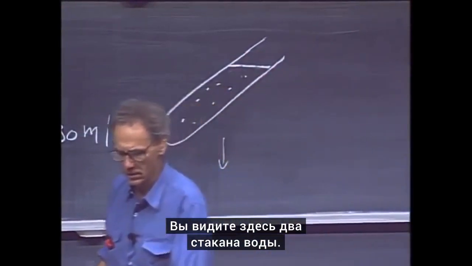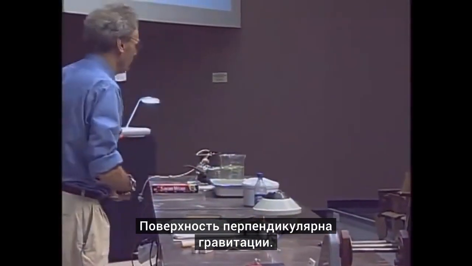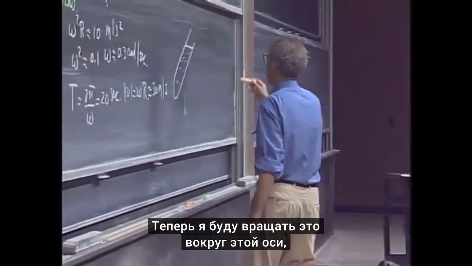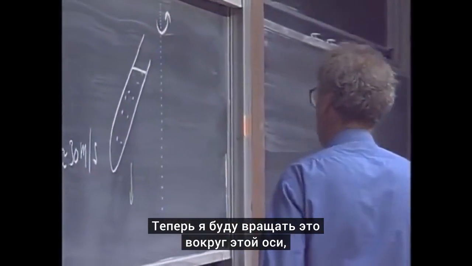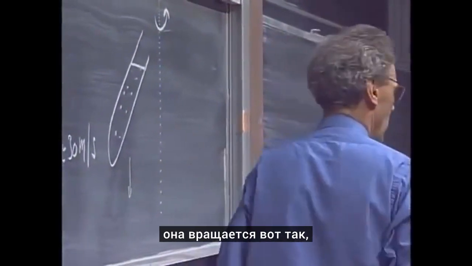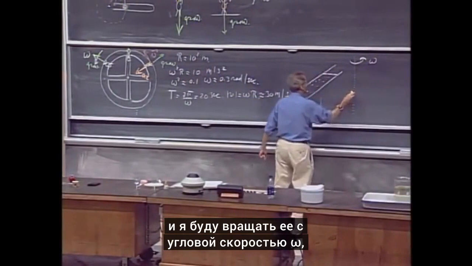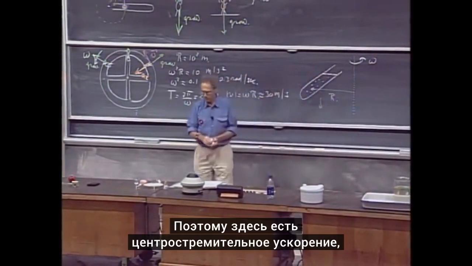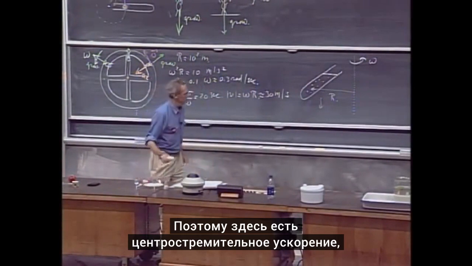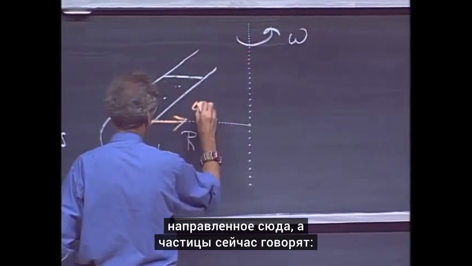You see here 2 glasses with water. The surface is perpendicular to gravity. Now, I'm going to rotate this about this axis, going around like this. And I'm going to rotate it with an angular velocity omega. And this is at a distance r. Therefore, there is now a centripetal acceleration in this direction.